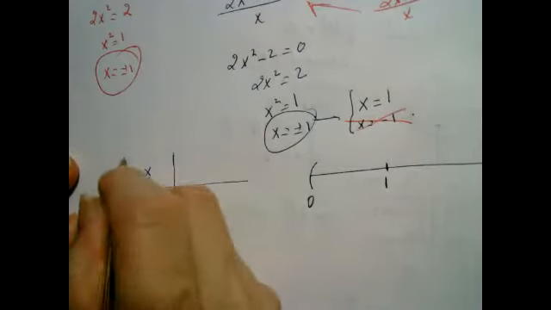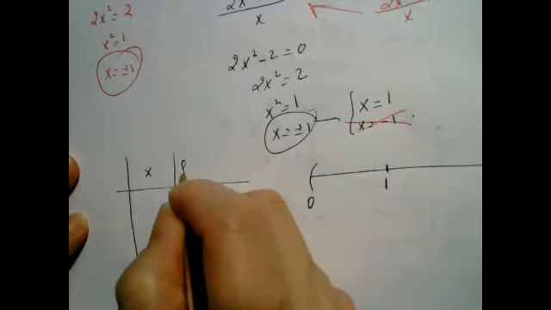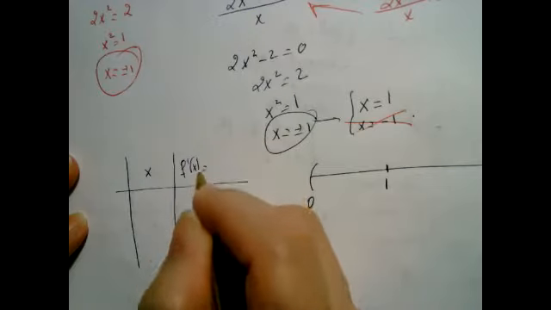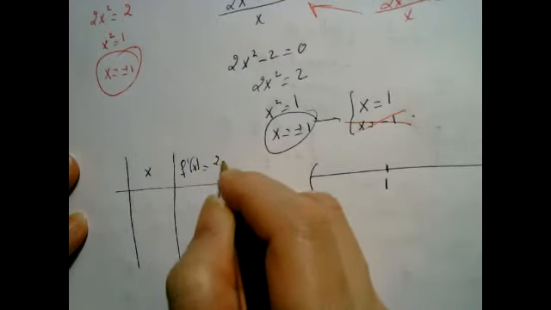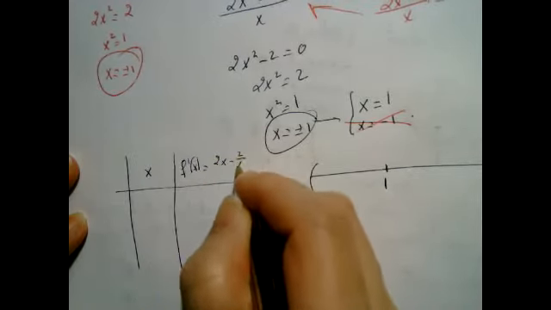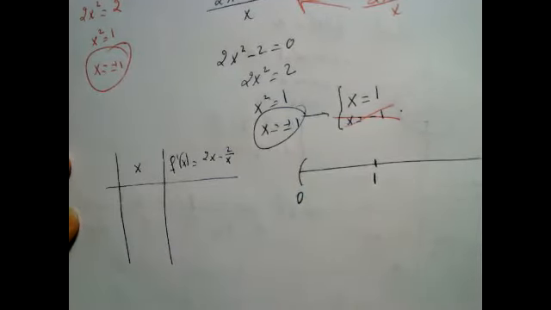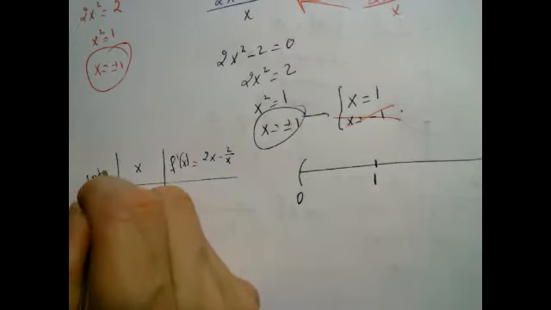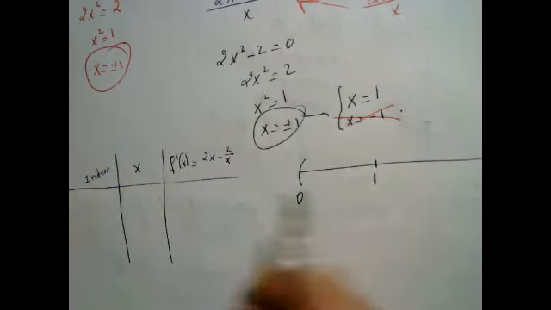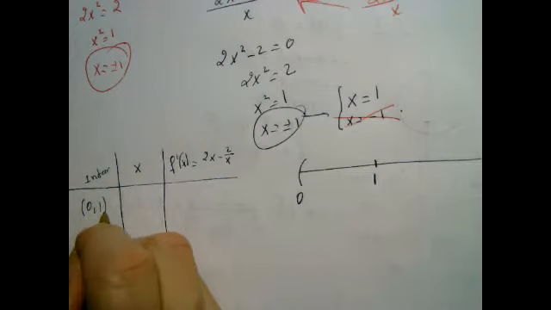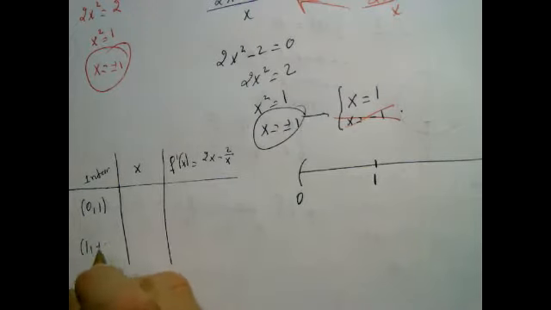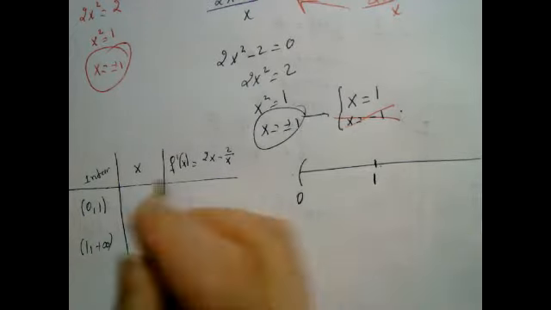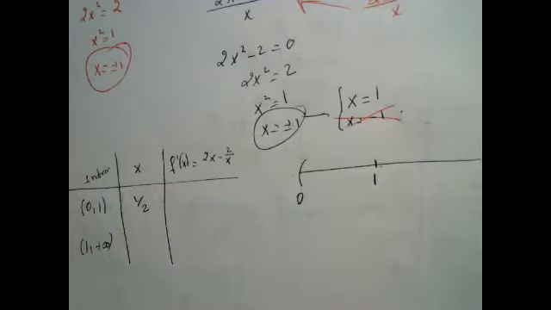So the derivative, which is 2x minus 2 over x. Be careful, you put the correct value of the derivative, and that's the interval here. So I have 0, 1, and 1 plus infinity. Okay, between 0, 1, a half would make sense.